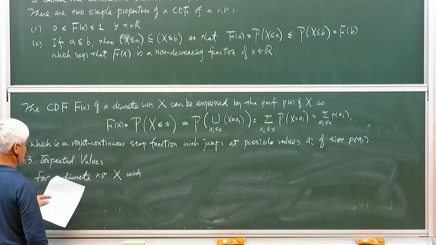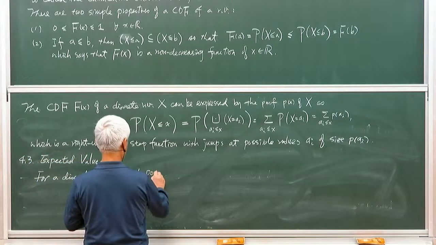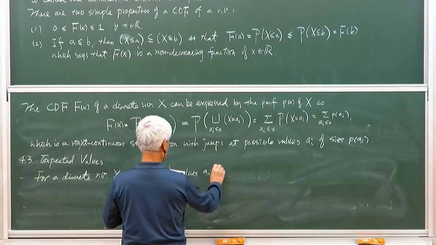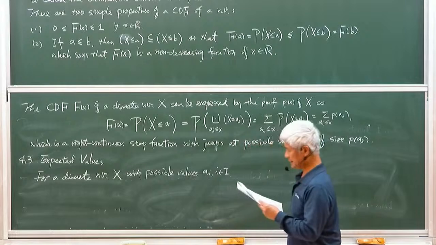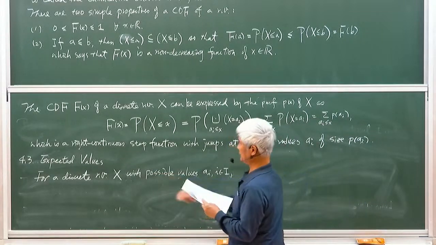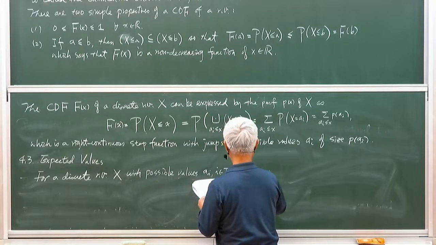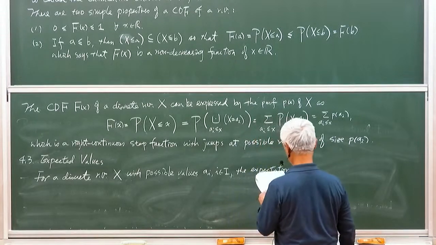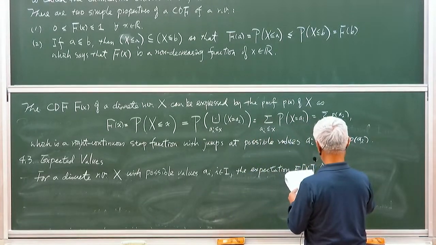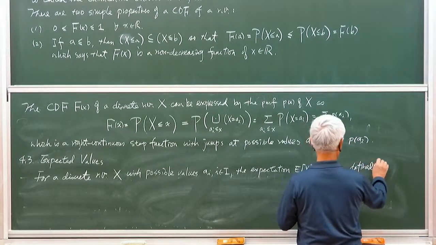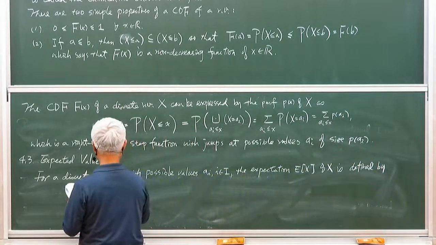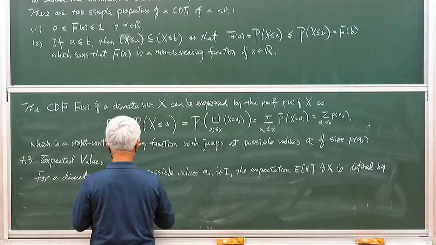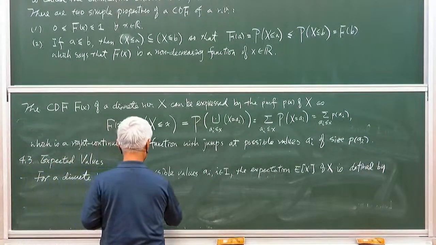For a discrete random variable x with possible values a sub i for all index i in the index set capital I, the expectation, denoted as E of x, is defined by definition to be the weighted sum of the possible values of this discrete random variable.